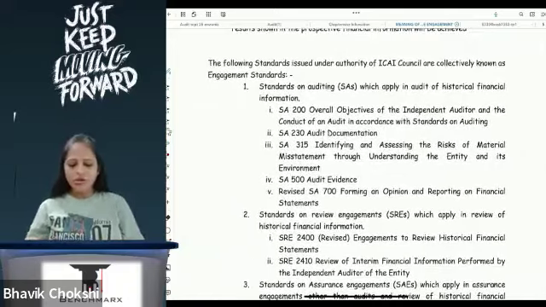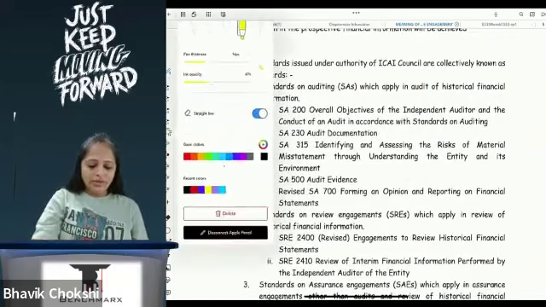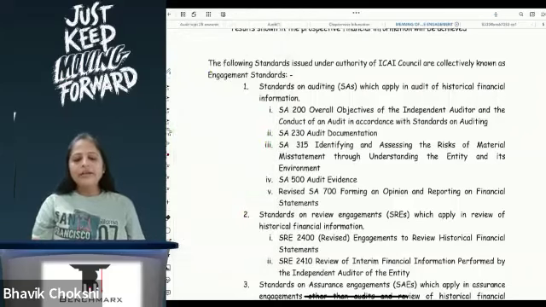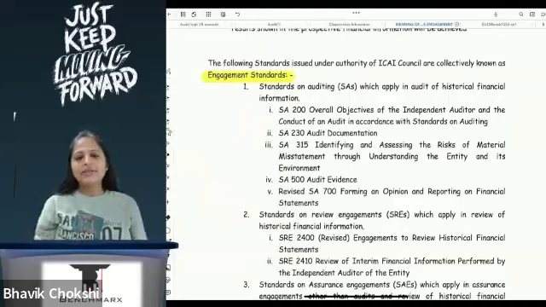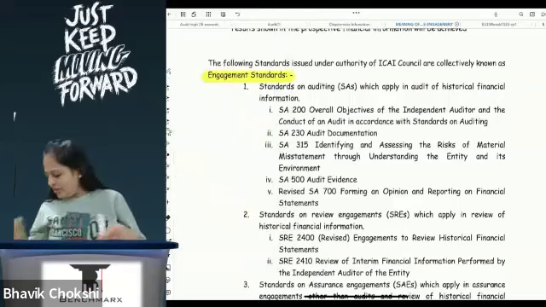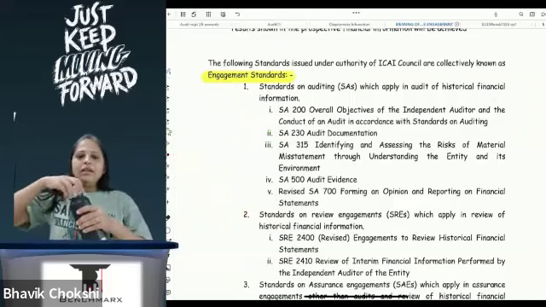The Institute, along with the government, has issued different kinds of engagement standards, correct? So the first 11 chapters that we are going to study are all about your engagement standards.